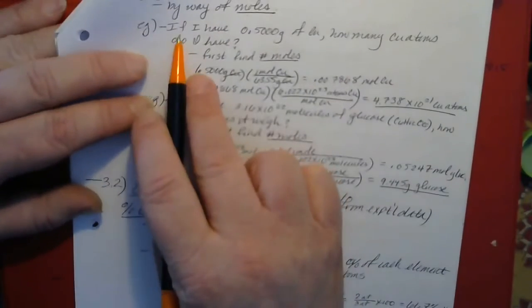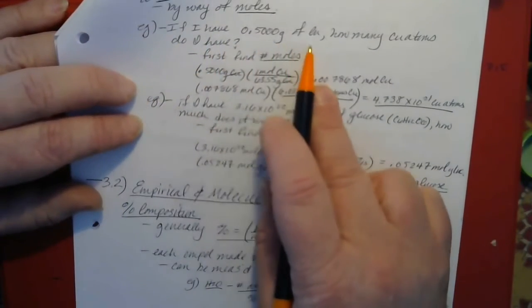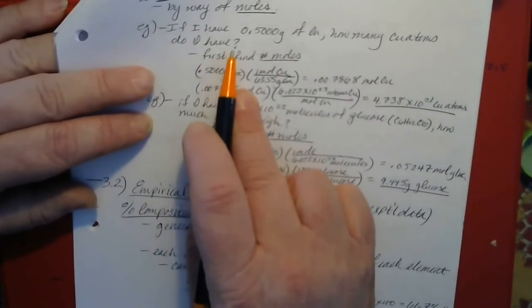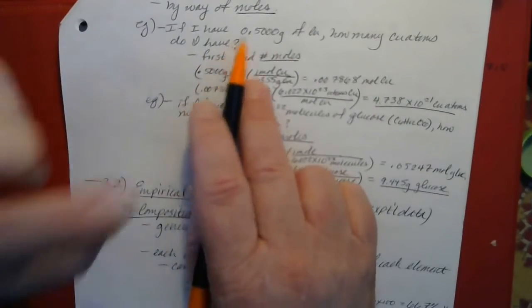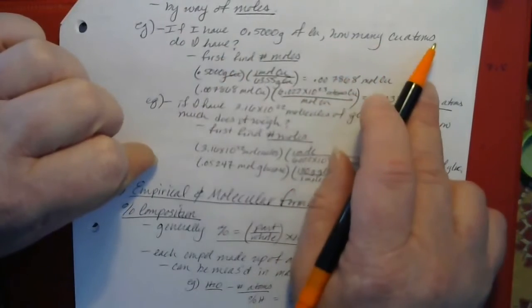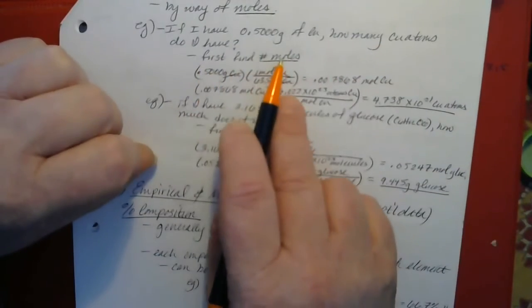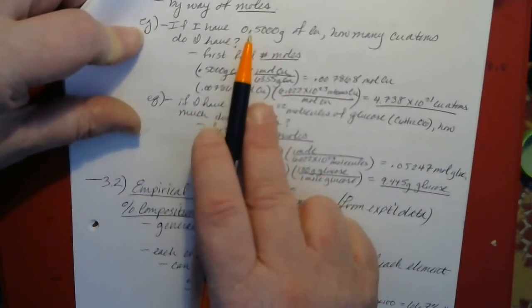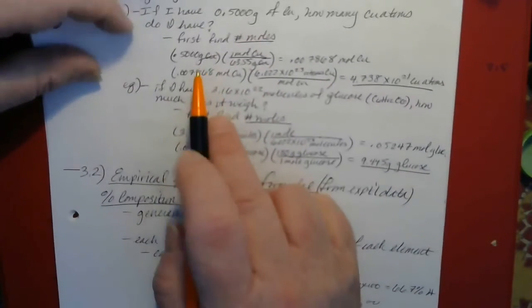Okay, so you could say, if I have 0.5 grams of copper, how many copper atoms do I have? Well, again, if you're going from a mass to a quantity of individual items, then you have to go by way of moles. So the first thing we would do, how many moles would correspond to 0.5 grams?